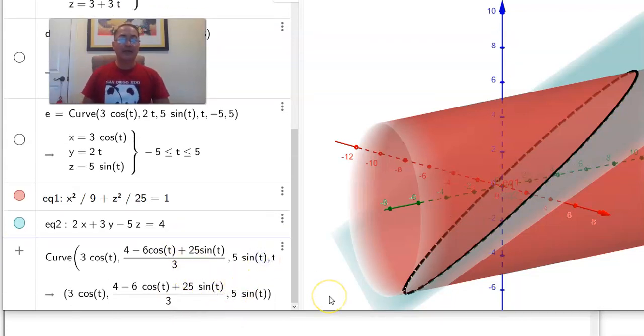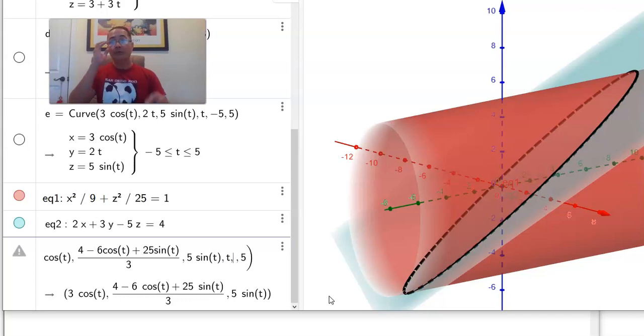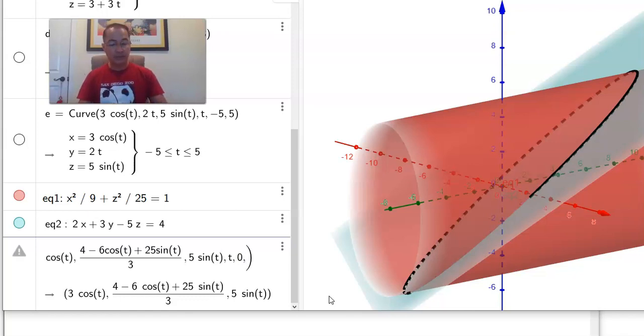And it already looks correct, and that is because our domain is more than what we need. You only need one complete revolution, so we only have to go from 0 to 2 pi, about 6.3. Yep, there we go.